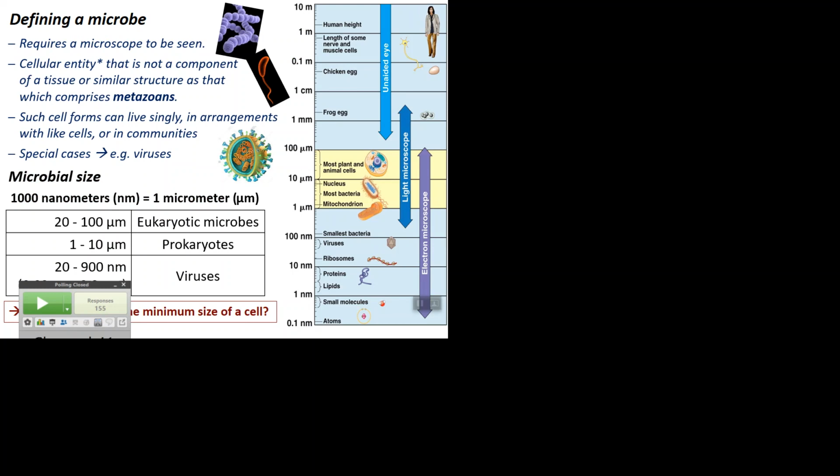And when you start having hundreds or thousands of them, it's going to be hard to fit that in a 1 nanometer cell. The chromosome is big, right? So you're limited by the stuff that cells need, which is why viruses can be so small.